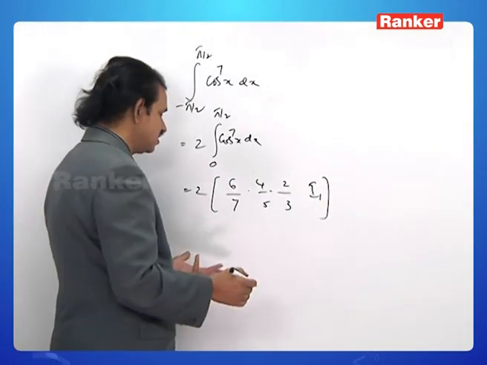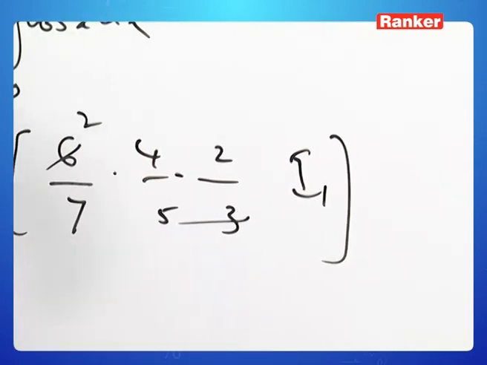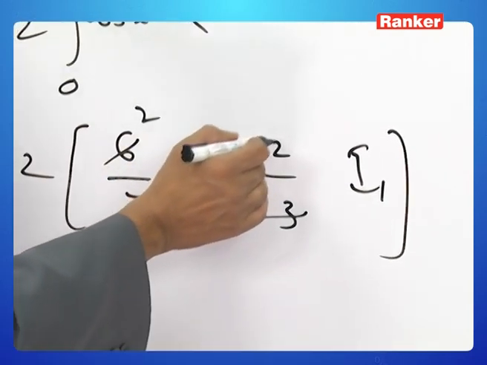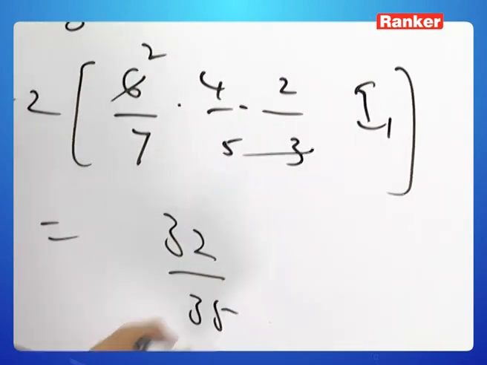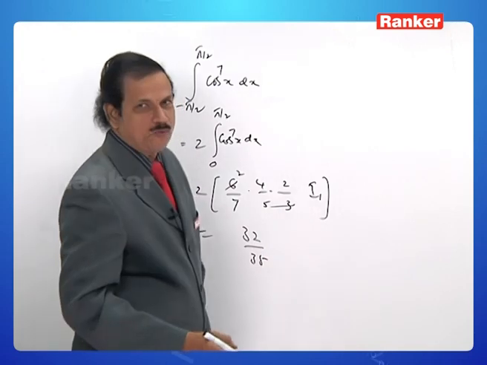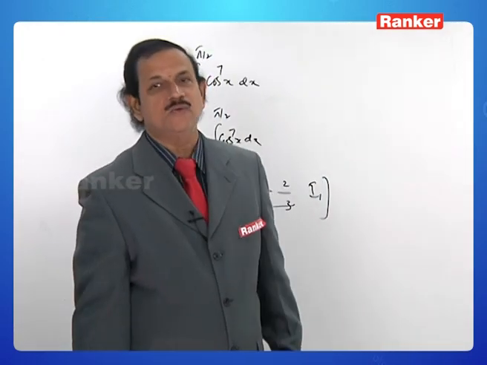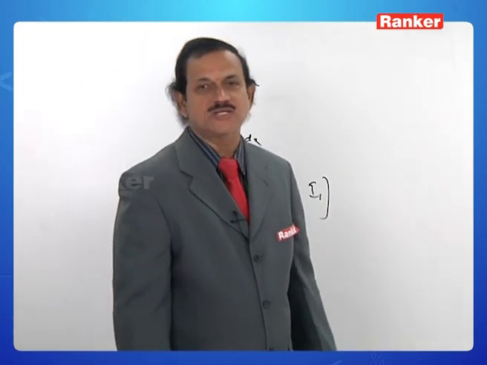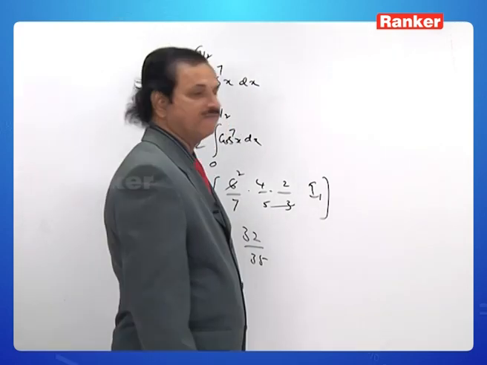Any more cancellations? 3 goes 2 times. That's all. That is the only cancellation. 2 2s are 4. 4 4s are 16. 16 2s are 32. Answer is 32 by 35 of course. Of course you can ignore I1 because I1 is 1, as we could have already noted it. I1 is 1, hence the answer is 32 by 35.